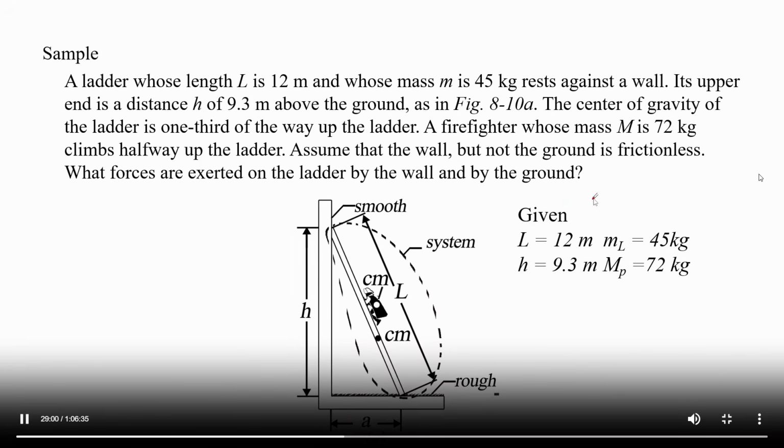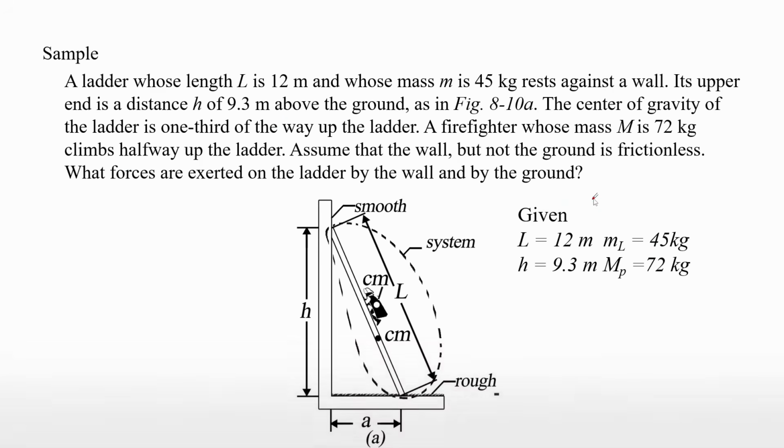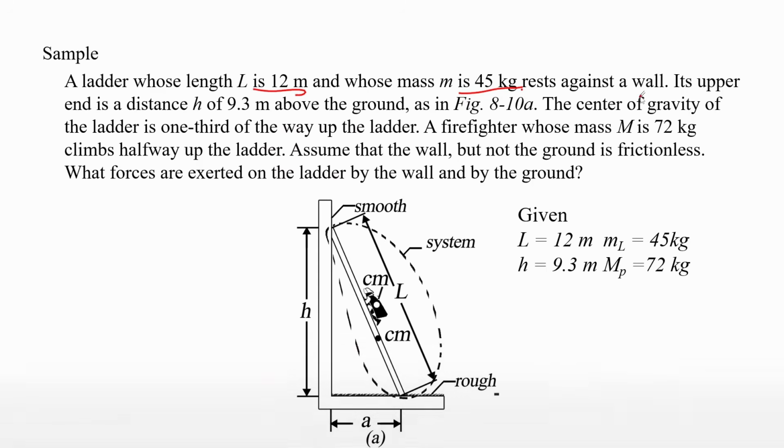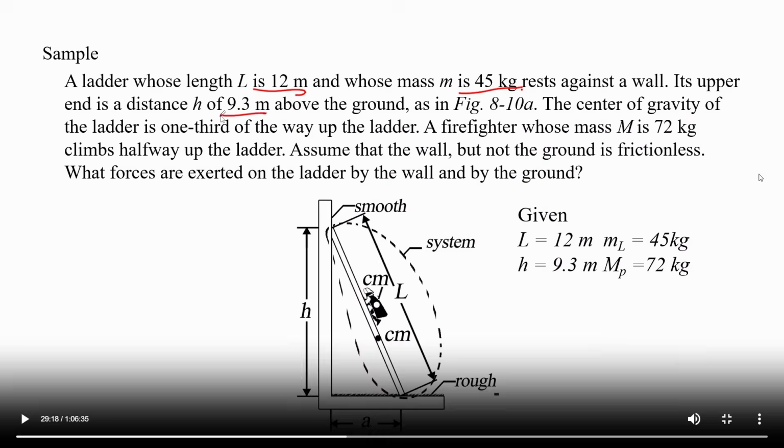Oh, we have another problem. You have a ladder whose length is 12 meters and whose mass is 45 kilograms resting against a wall. Its upper end is at a distance h of 9.3 meters above the ground, as in figure 8-10. The center of gravity of the ladder is 1/3, somewhere here.